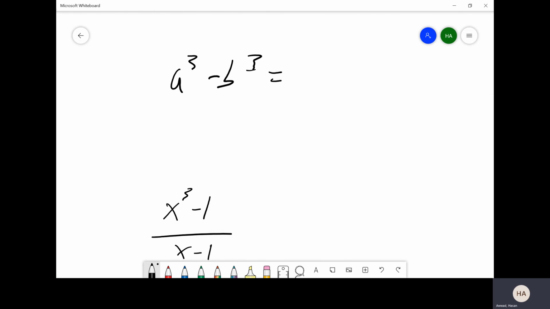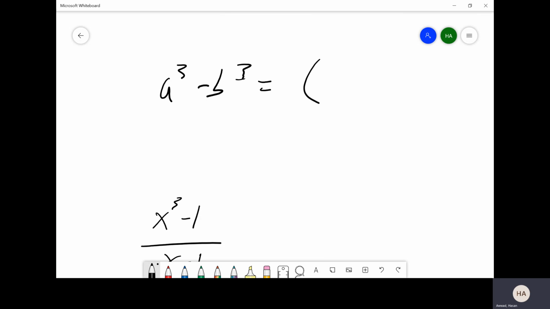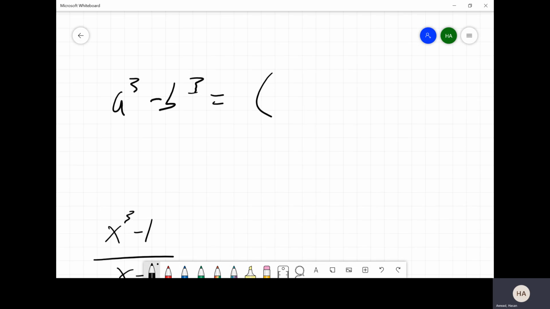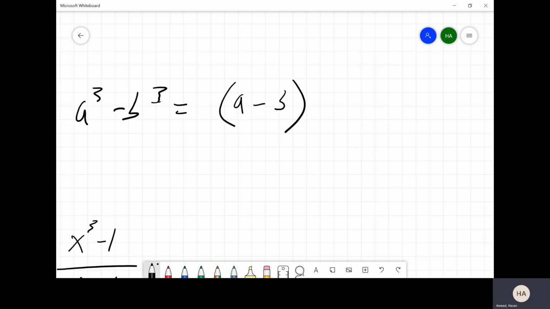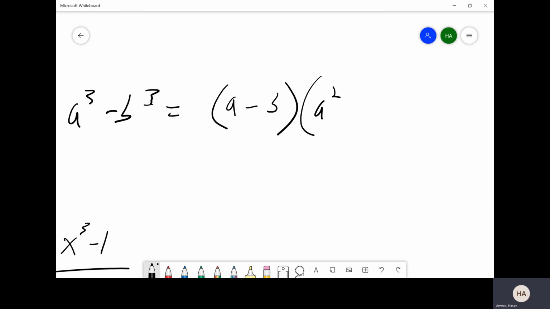And when we factor this, again, same sign, opposite sign, and always positive, SOAP, right? So that means we're going to have a minus b, so same sign. Then we're going to have a squared. Then we have the opposite sign, so now it's going to be plus.